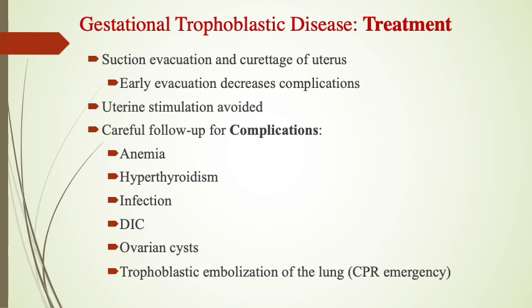Ovarian cyst is also another complication to watch out for. And of course, trophoblastic embolization of the lung is a very life-threatening complication that can happen. And if this happens, the patient will need CPR. So you need to start cardiopulmonary resuscitation in this patient, else the patient will die.